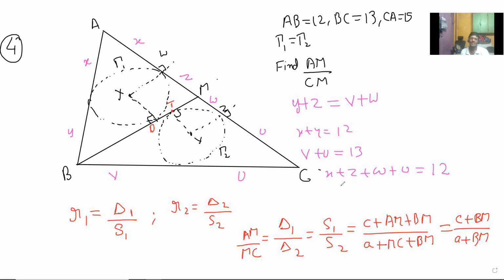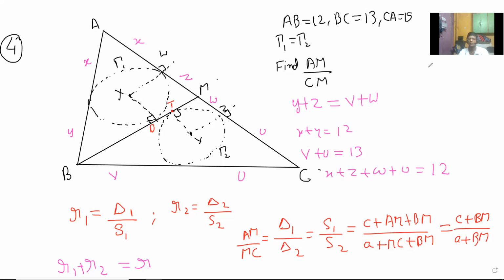I think there is one thing that we can use. Is it true that R1 plus R2 will be equal to the inradius?